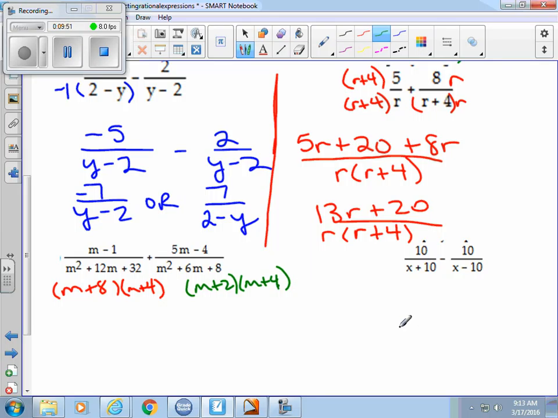Notice once we factor, they already have the m plus 4 in common. So what does the left-hand fraction need? M plus 2. What does the right-hand fraction need?